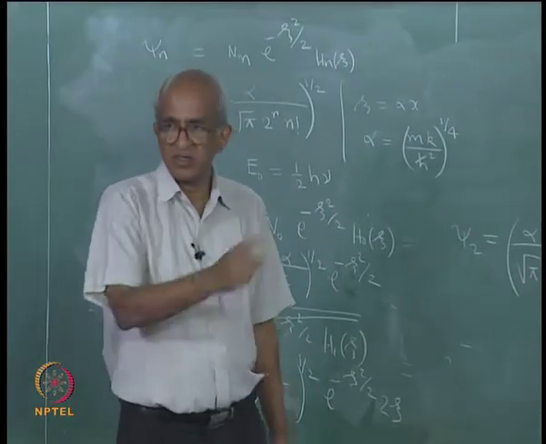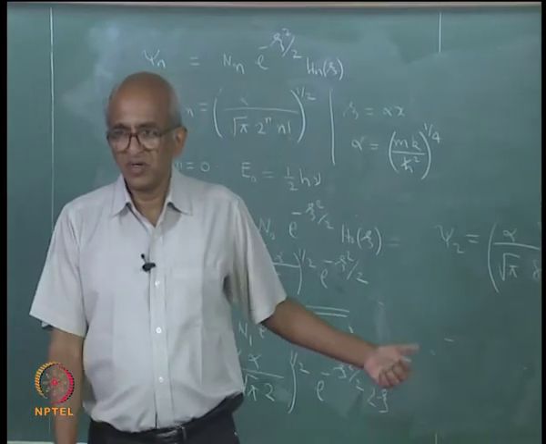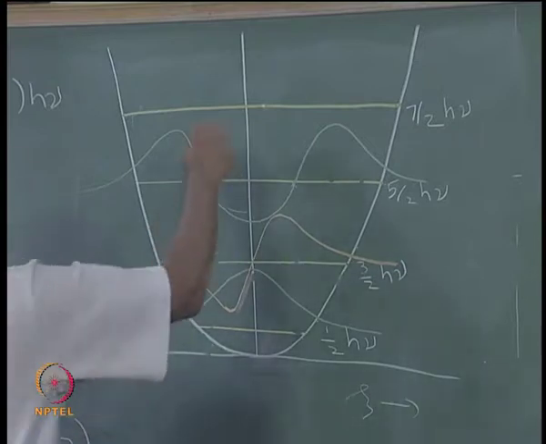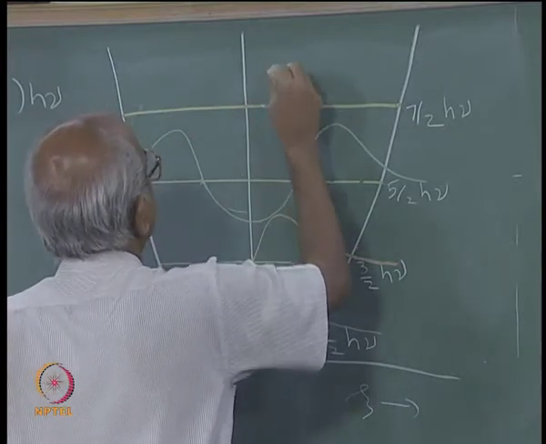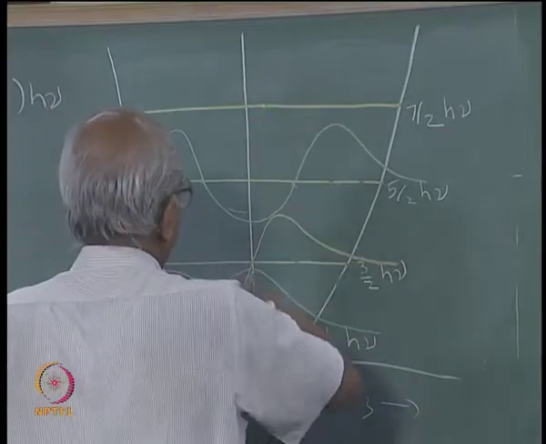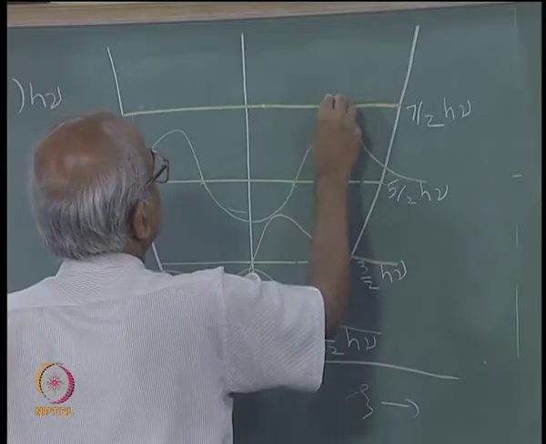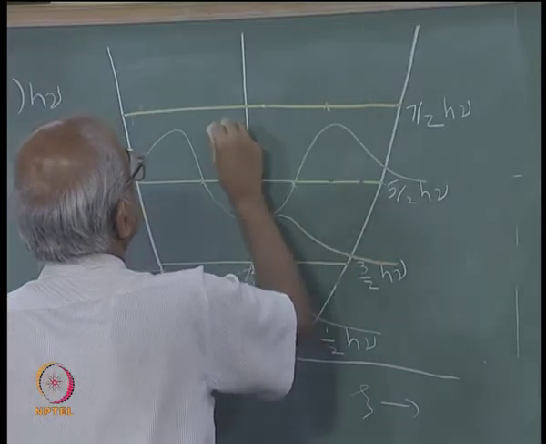It is symmetric. I mean, the way I have drawn it, it may not appear completely symmetric, but it is symmetric. And with that knowledge, actually we can now go and draw the next one. I will not try to write the expression. The next one would have 3 nodes, so it is more difficult to draw.